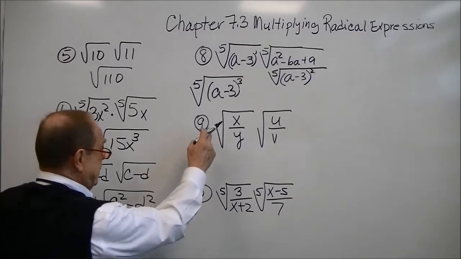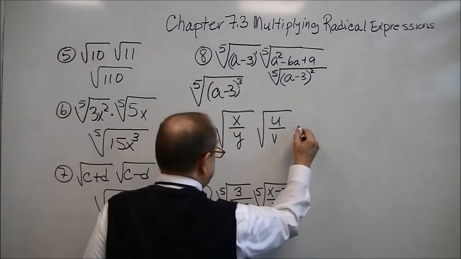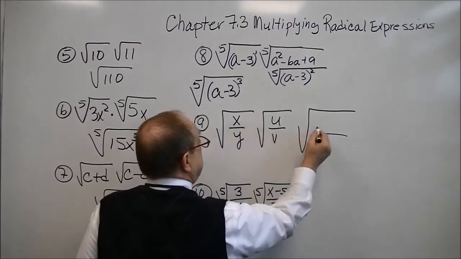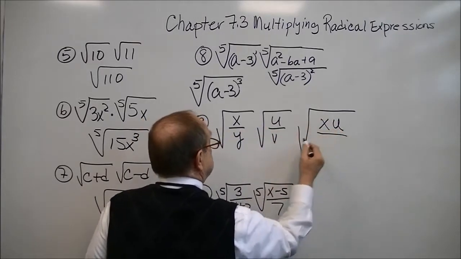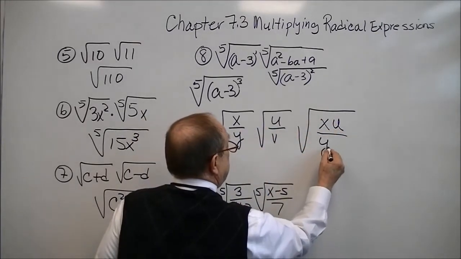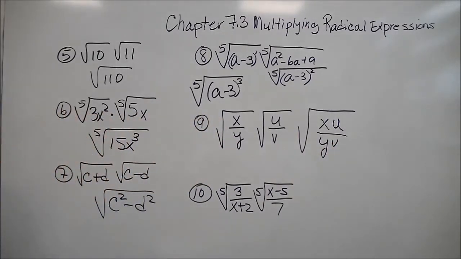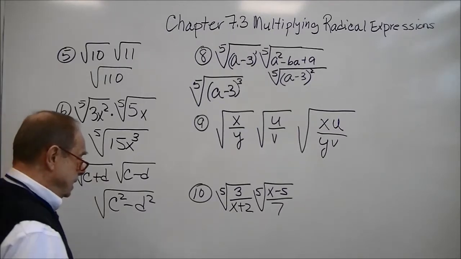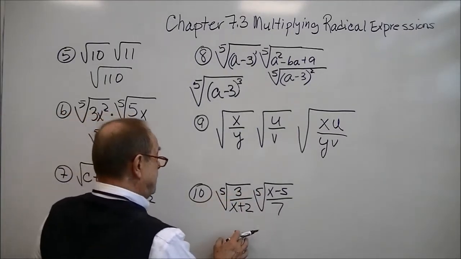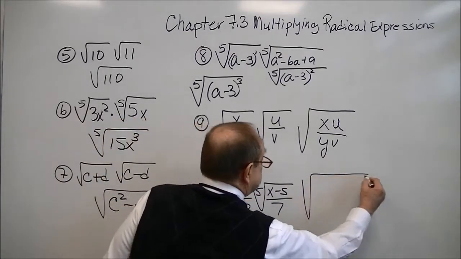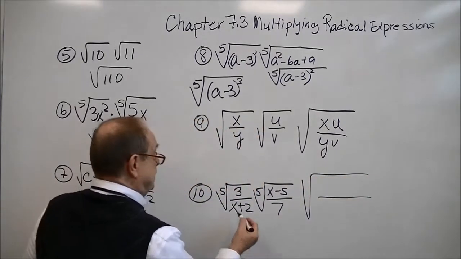For number 9, again, the same index number. So we just put it under a common radical sign. X, U, Y, V. Now for number 10, what they're looking for, again, same index number, is just to multiply that.